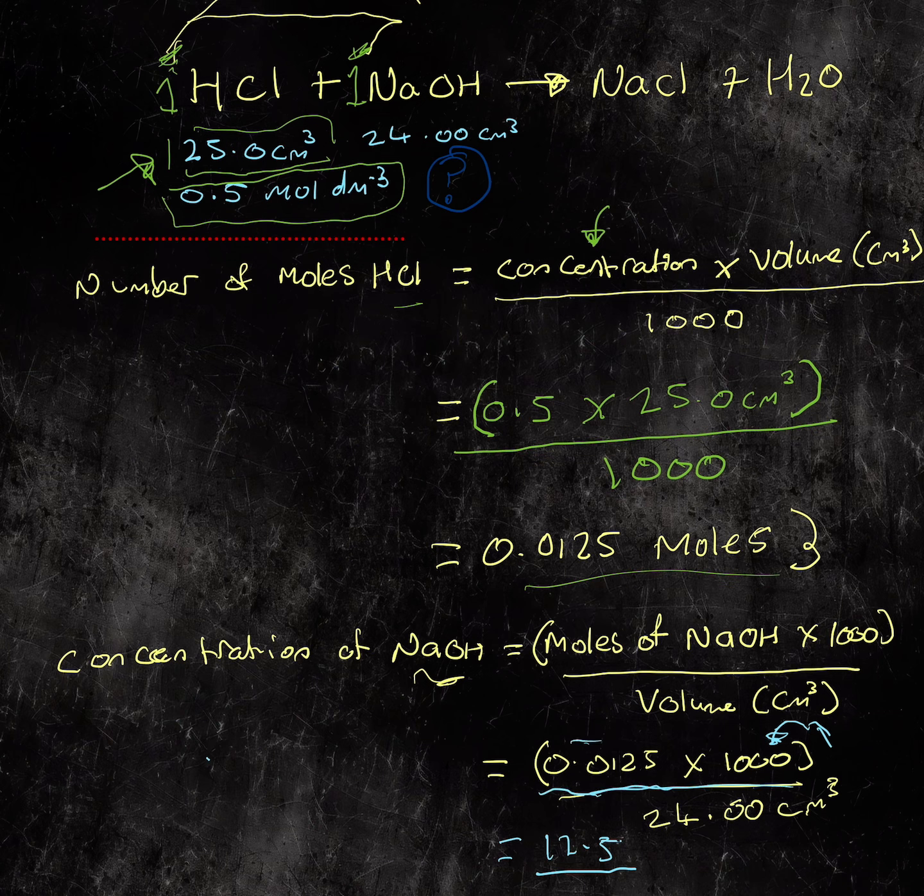So that's going to be 0.0125 times 1000 is going to be 12.5, and that's going to be over 24.00, and that's going to equal 0.52, and because that's a concentration, that's going to be measured in moles per dm cubed.